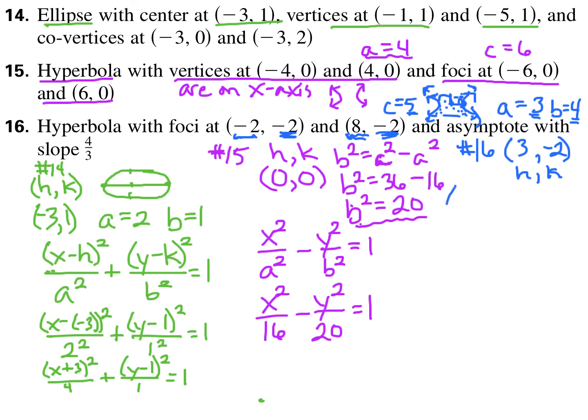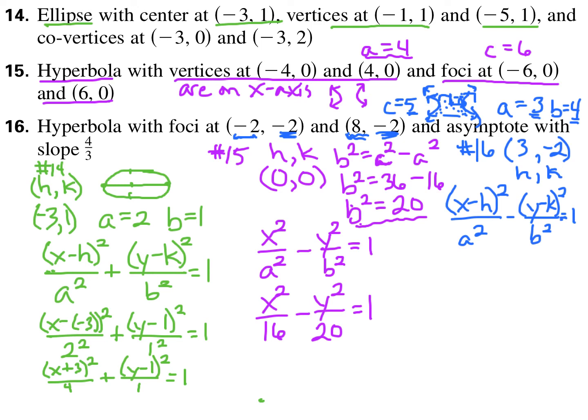And this time I'm going to plug into x minus h squared over a squared minus y minus k squared over b squared equals 1.